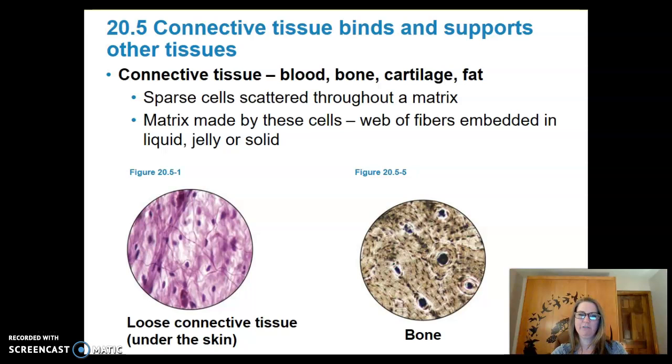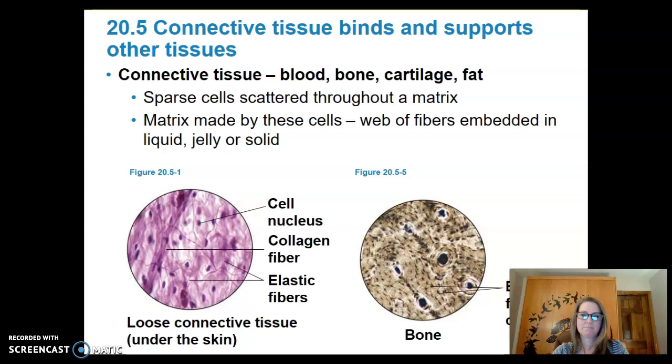On the left side, you see loose connective tissue. It's under the skin and it's really anchoring this outside layer to those underlying tissues so that your skin doesn't fall off. Okay. Here you see loosely arranged cells kind of in a web-like material. Now here in bone, we see these little darkened, kind of black-brown structures are part of single cells that make up the bone, and you're going to see that there are little tiny fibers or reinforcing material that's going to connect those cells together in the bone.